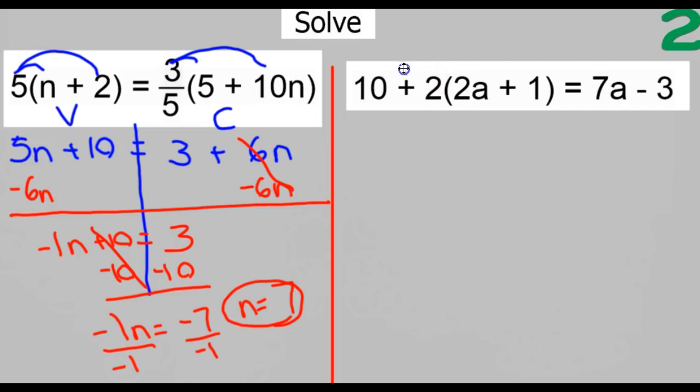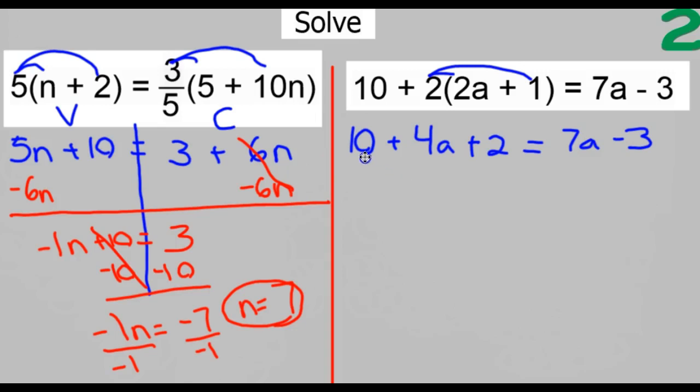Now over here I can distribute, so that's the first thing I'm going to do. So I'm going to do 10 plus 2 times 2a gives me 4a. 2 times 1 is going to give me 2, equals 7a minus 3.